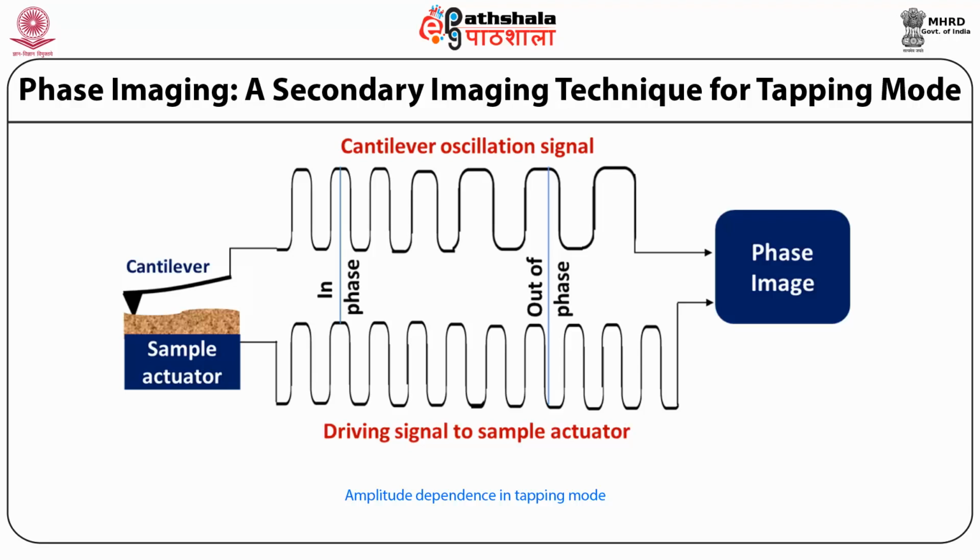The phase lag and change in amplitude is monitored simultaneously such that images of topography and material properties can be controlled, giving direct correlation between surface properties and topographies.